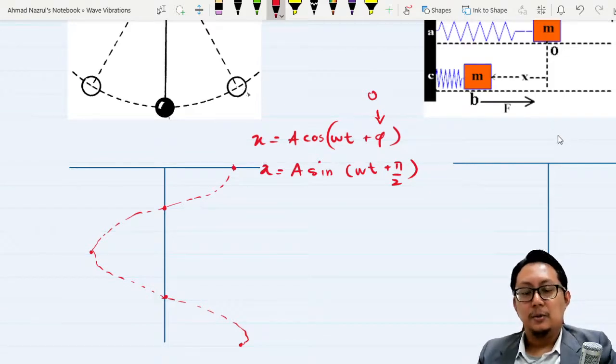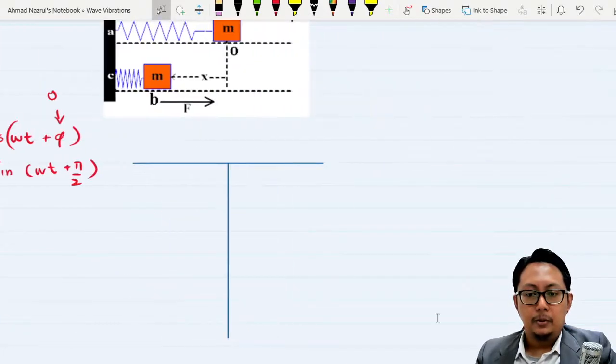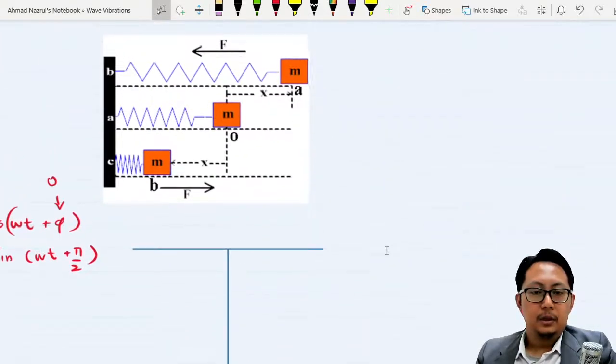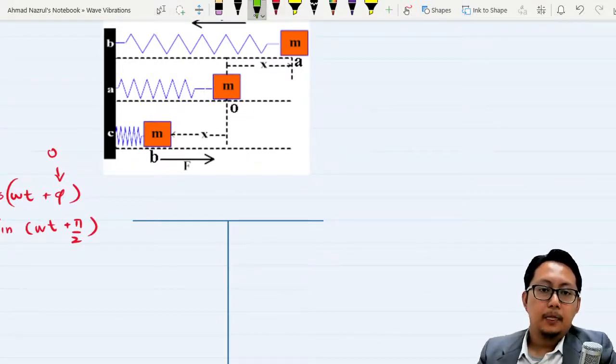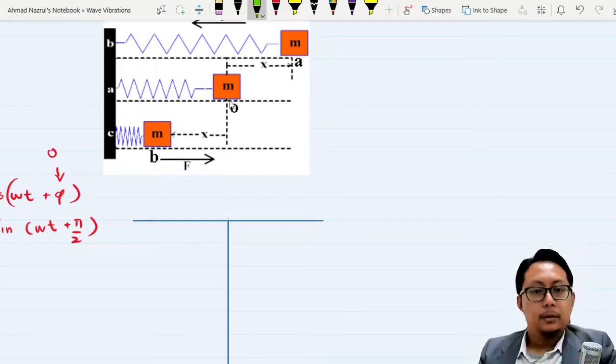Okay, so now we can go to the mass spring system. For the mass spring system, actually it's similar. This will be the equilibrium, and this will be the starting point.